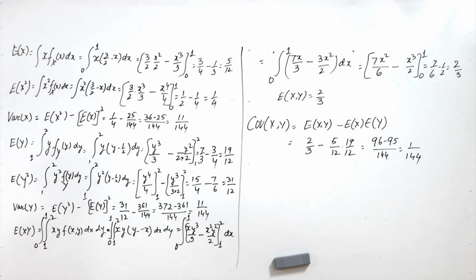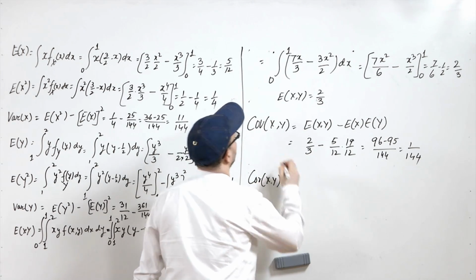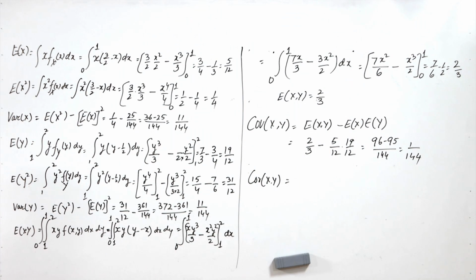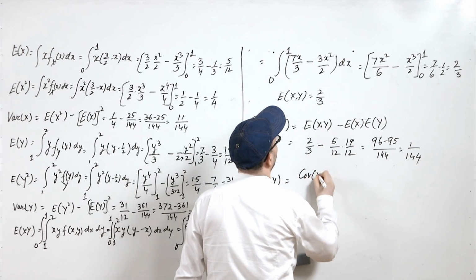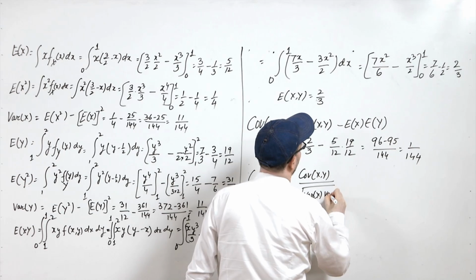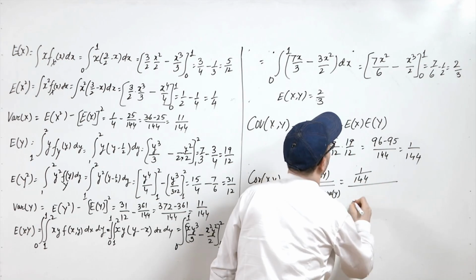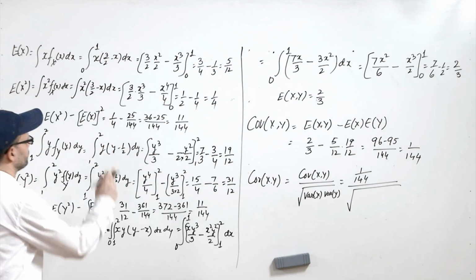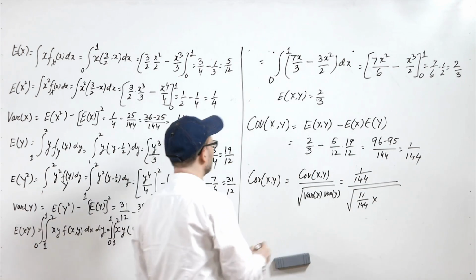So, once we get that, we can further get the value of correlation. Correlation of X and Y will be covariance of X and Y divided by the square root of variance X into variance Y, or sigma X into sigma Y. So, it will be 1 by 144 divided by the square root of variance X, which is 11 by 144, and variance Y, which is also 11 by 144.